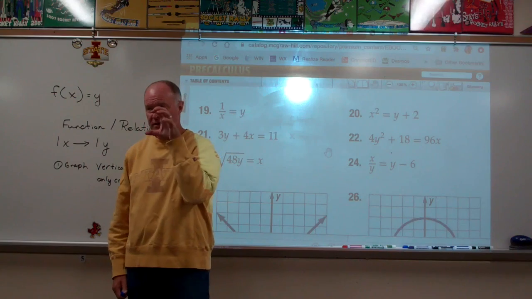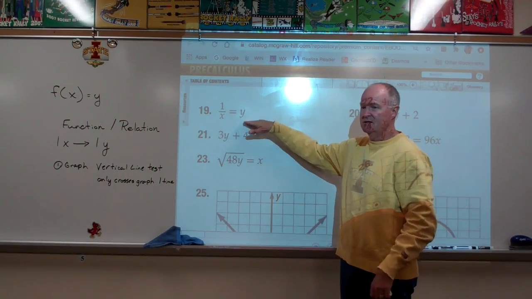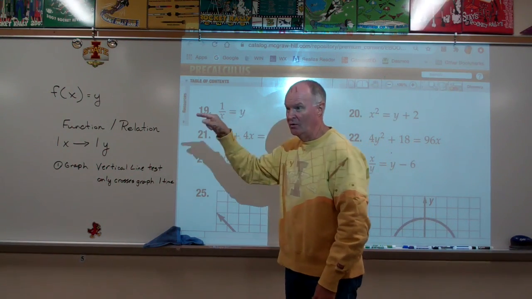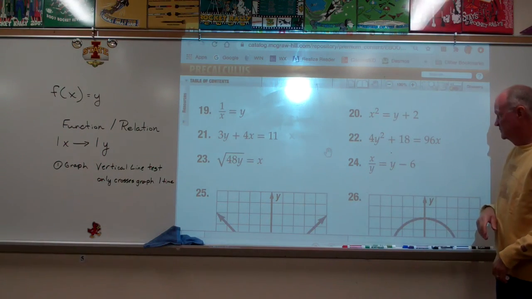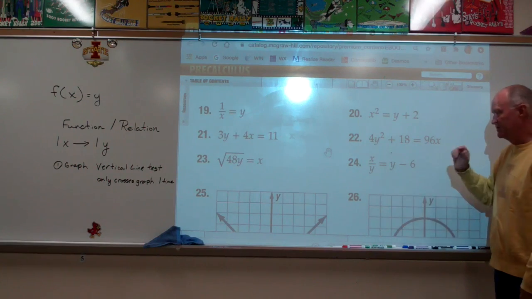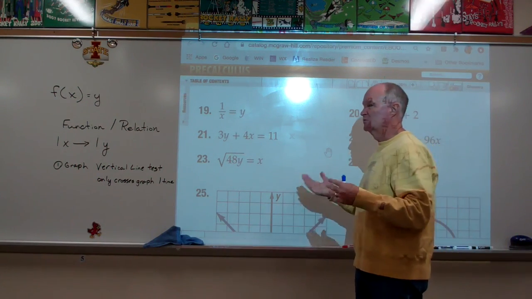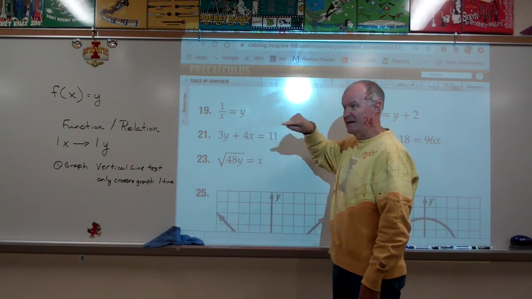So the big question is, when I look at an equation, can I get this in y equals? And it's got to be y equals only x's. Sometimes you're going to get a y equals that's got some y's in it. If there's more than one y, and it's not just y equals by itself, we're bad.